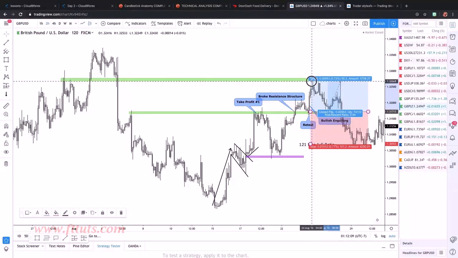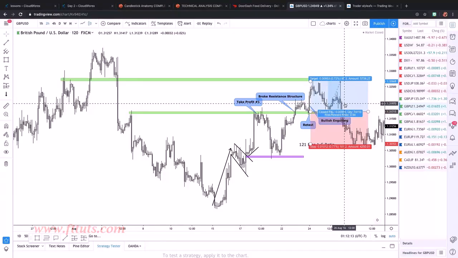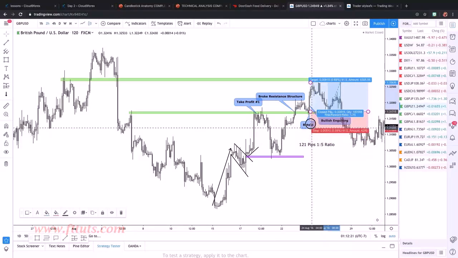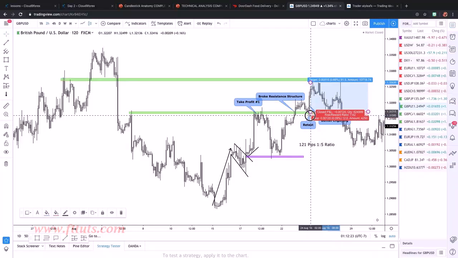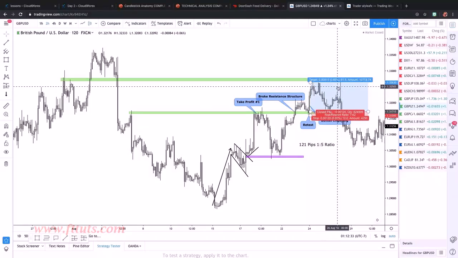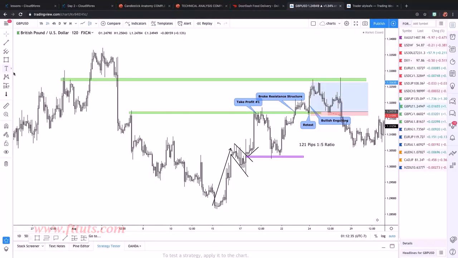Okay, so then calculating this one. So we had that retest, so we would enter on that retest and put our stop loss right below. So then the ratio is 1 to 7.